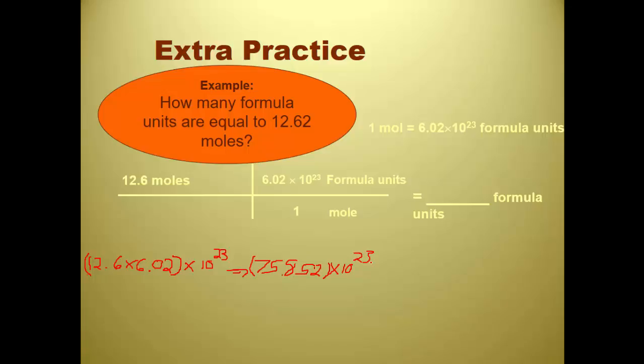But that is not scientific notation, so we can write it again. We move this decimal place to the left, which means we need to add 1 to the exponent, and we get 7.5852 times 10 to the 24th, because we added 1. Move left, add 1.